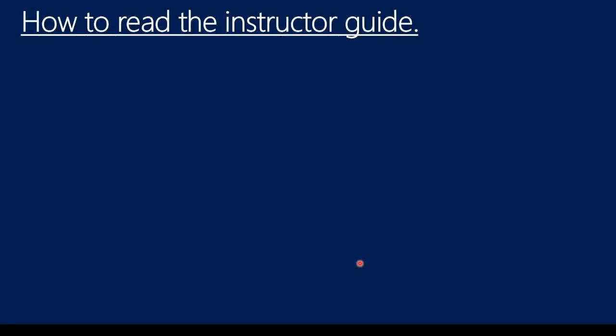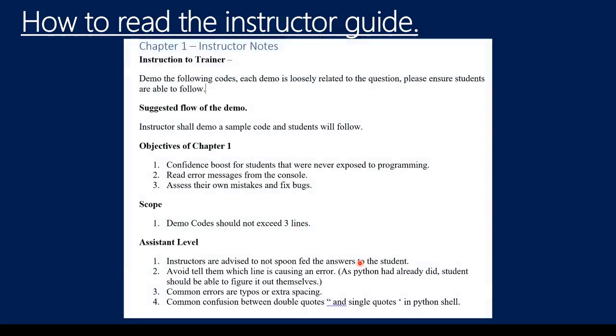So how do you read the instructor guide, and what is it? All of the instructors will be given a book almost similar to what the students get, but with a little more content, which is your instructions. These are available for all the chapters in our Code Python. First, there is something called instructor to trainer, which tells you what you should do in each chapter.